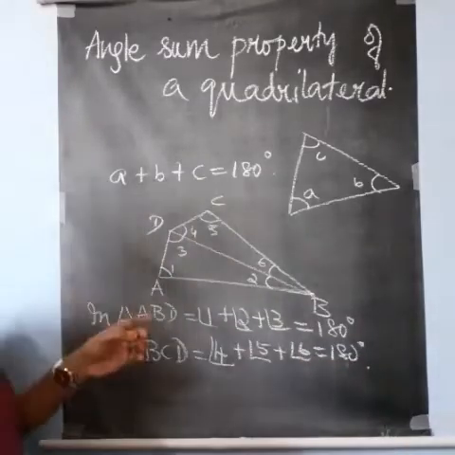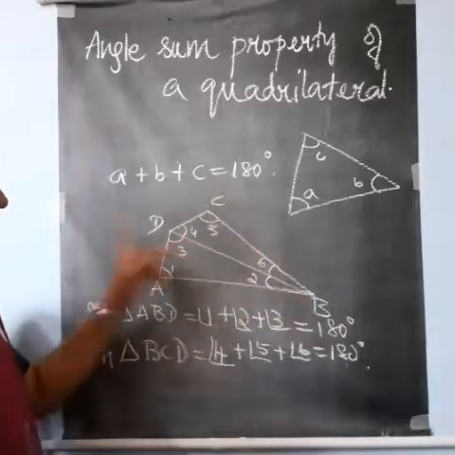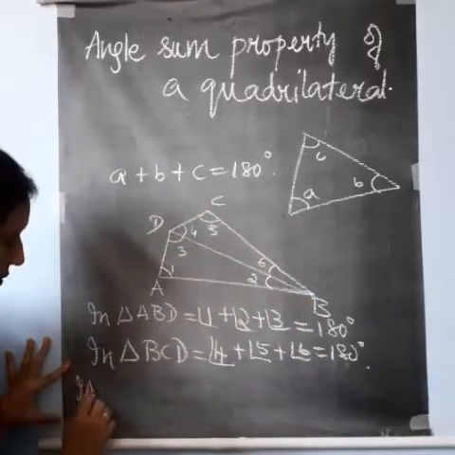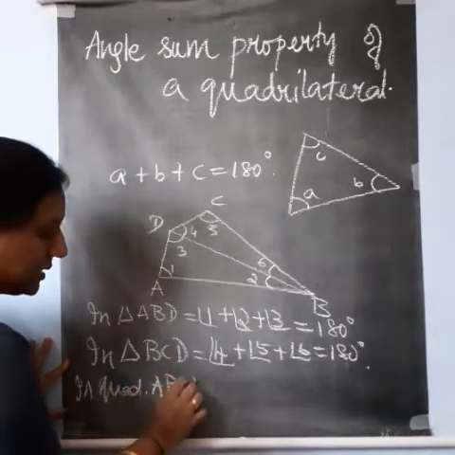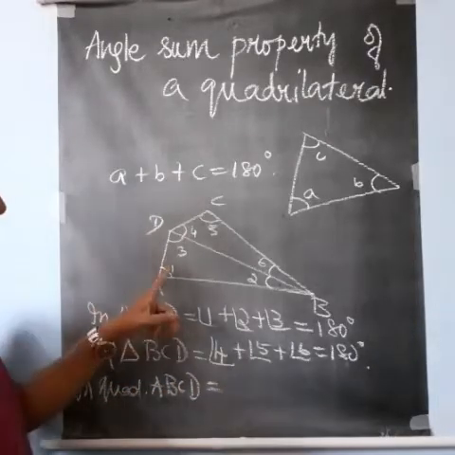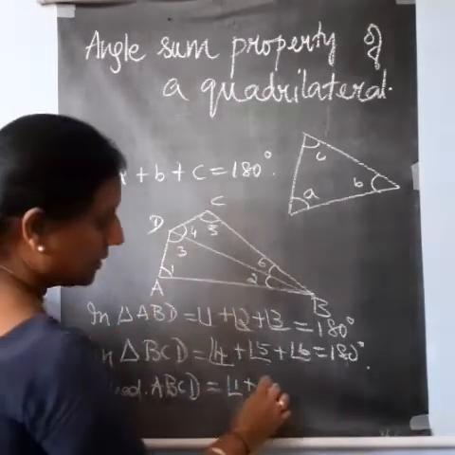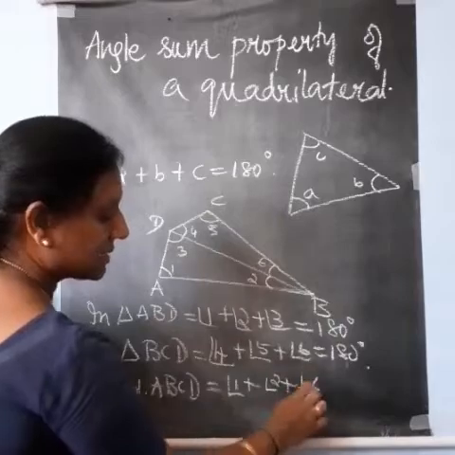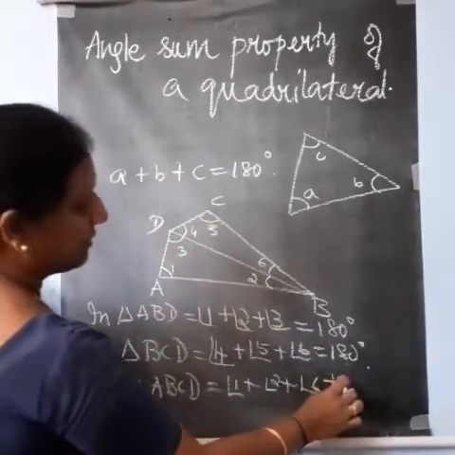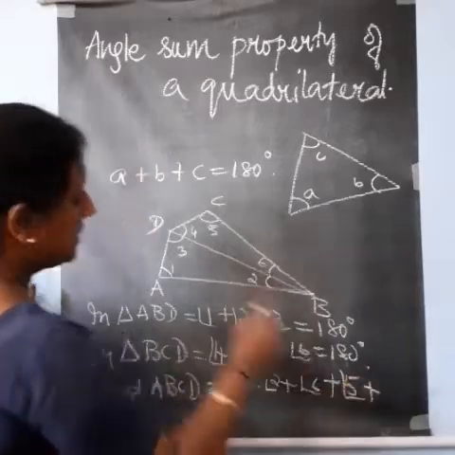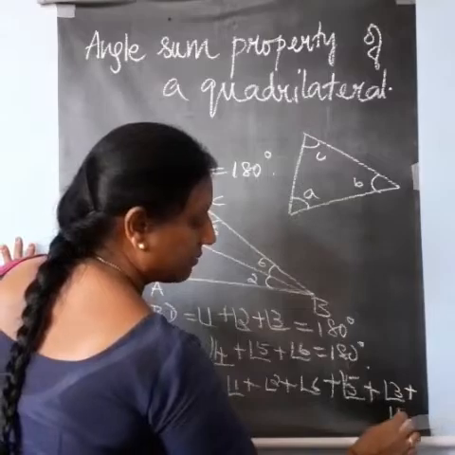Now, let us see, in case of this quadrilateral ABCD, what is the angle sum equal to? Angle 1 plus angle 2 plus angle 6, that is angle B. Angle C is angle 5 plus angle 4, and angle D is angle 3 plus angle 4.